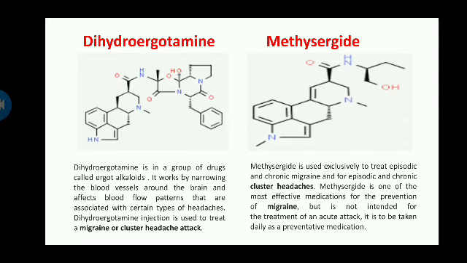Next one is methysergide. It is mainly used for chronic migraine or episodic migraine, that means mainly for headaches. It is one of the most effective medications for migraine, but it is not for instant treatment of an acute attack. It is to be taken daily as preventive medicine.